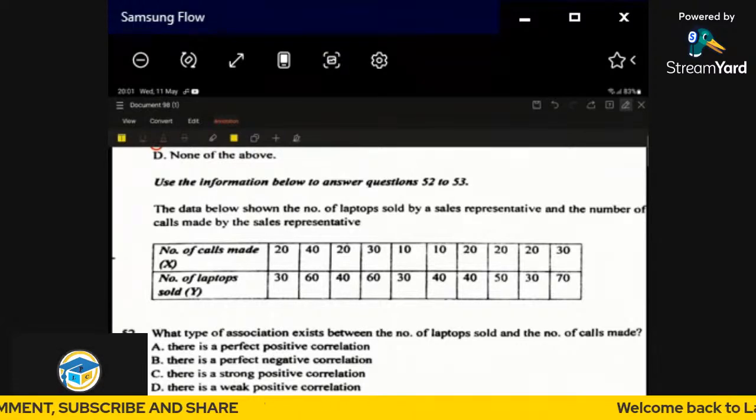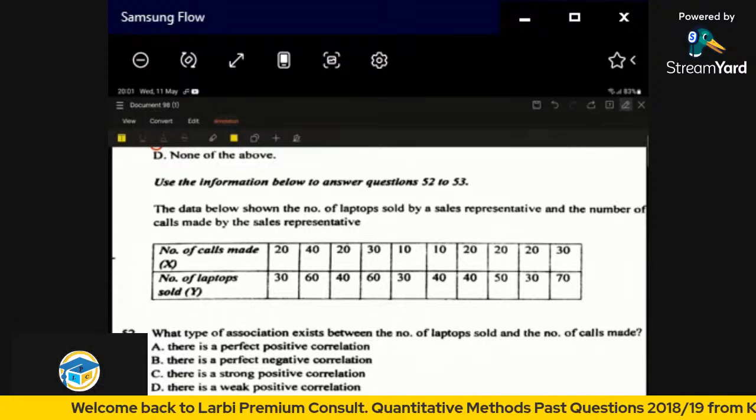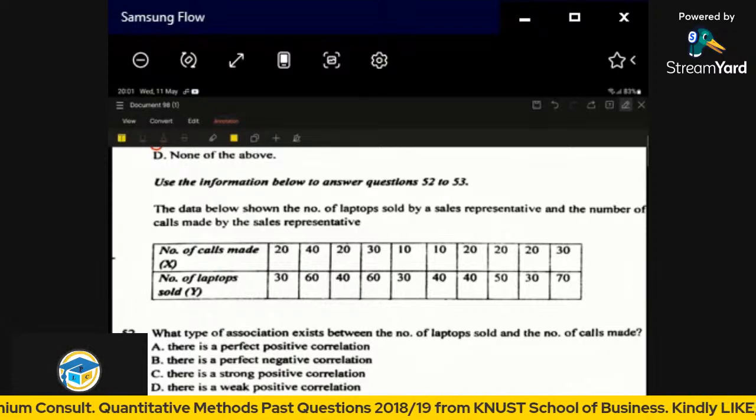Let's see. So we have number of calls as the x variable, and you also have number of laptops sold upon any number of calls that the sales representative makes for that particular period.